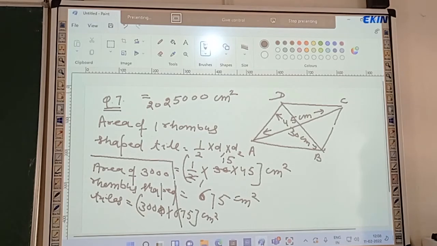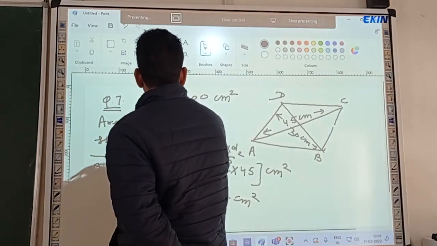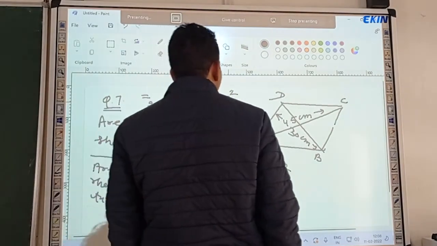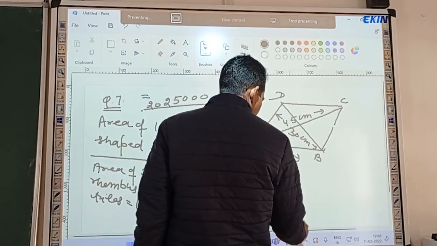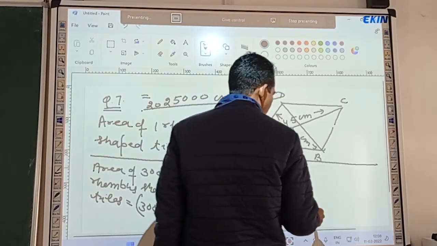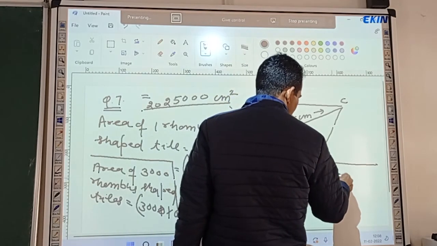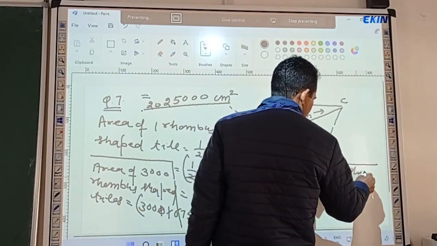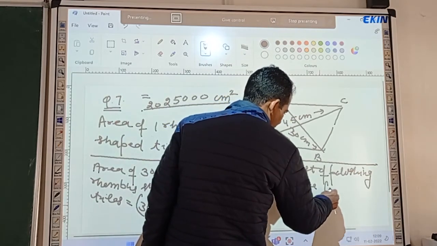Cost of polishing the floor, we will multiply it by 4.